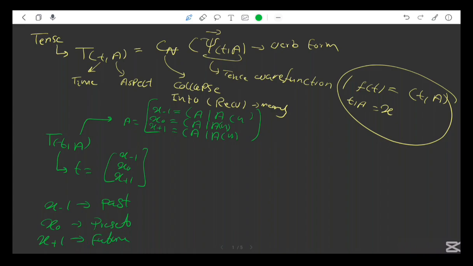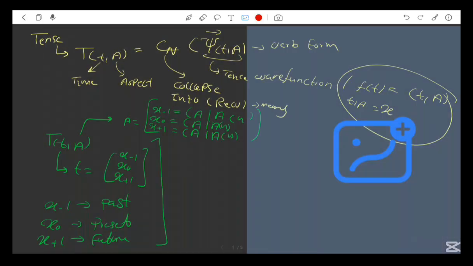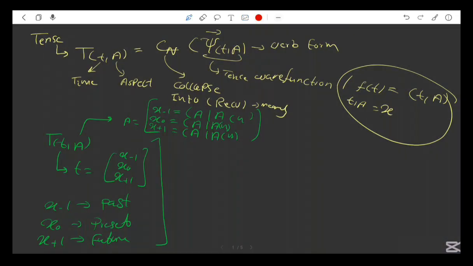Okay? So now we have understood the meaning of T sub TA, right? So we can continue and improve the equation. The equation will be T sub TA equals x sub t of -1, 0, and +1, which includes 4 aspects each part.